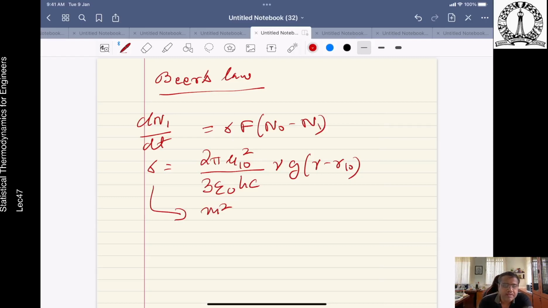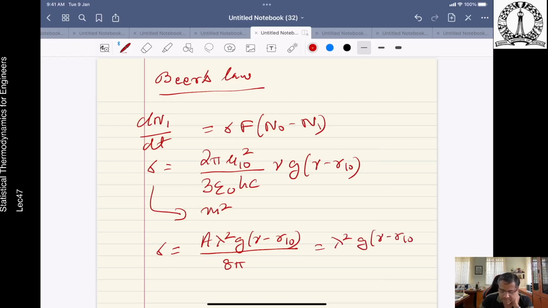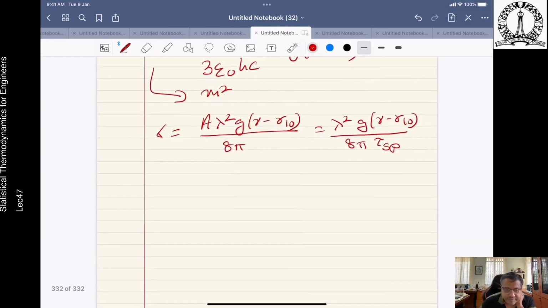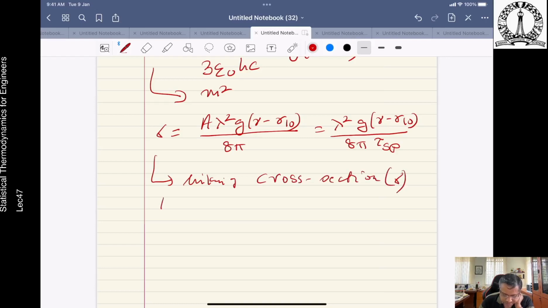Okay, so it is now very convenient if we cast this sigma in this particular form, lambda square g divided by 8 pi tau sp, which relates the cross section to the radiative lifetime.